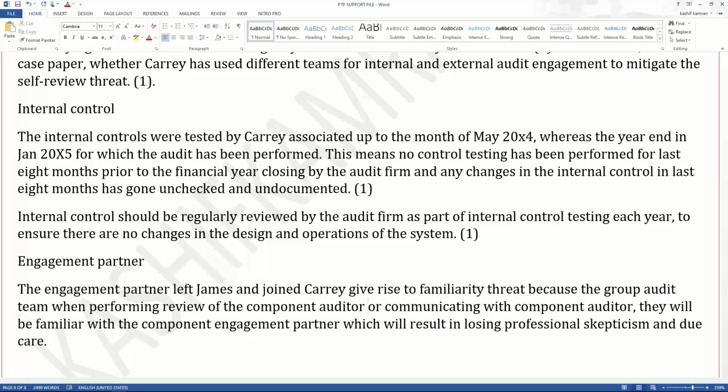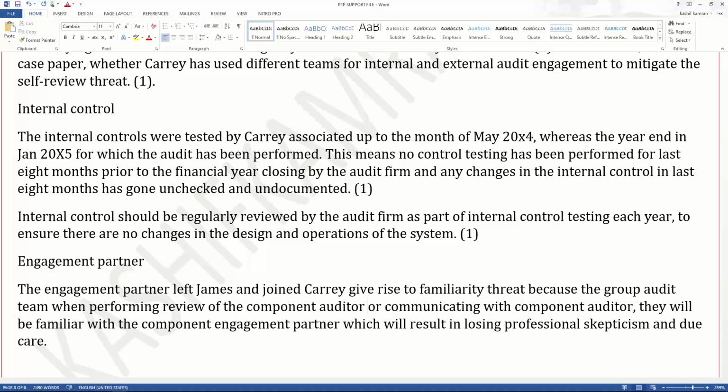So when you are liaising as a group auditor with a component auditor, do you know the partner of the component auditor? Do you have a familiarity association with the partner of the component auditor? Will that result in losing professional skepticism and due care into how you review the work of a component auditor, or how you liaise with a component auditor, right?